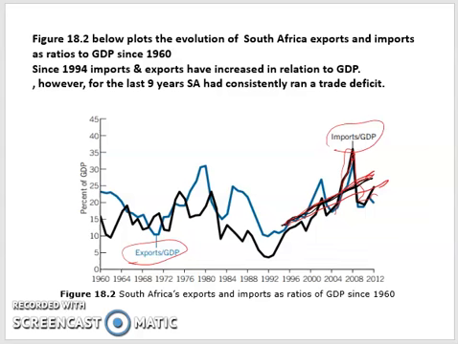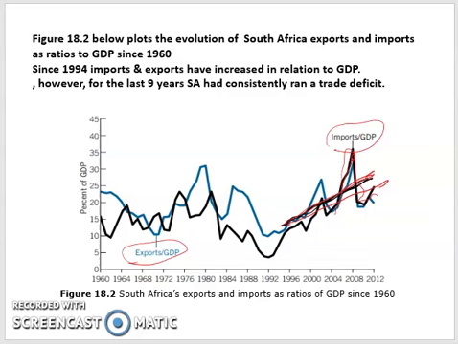So this suggests that a better index of openness, one that tells us a better story than export or import ratios, is the proportion of aggregate output composed of tradable goods, which are the goods that compete with foreign goods in either domestic markets or foreign markets.